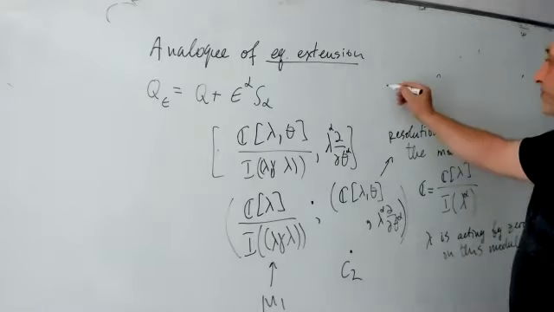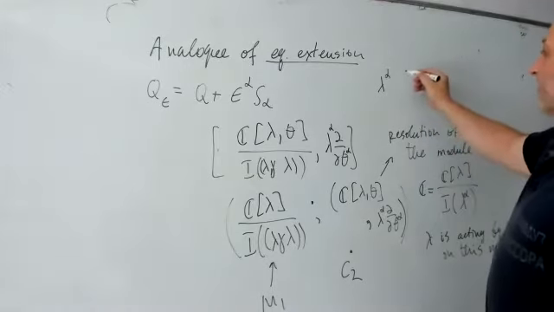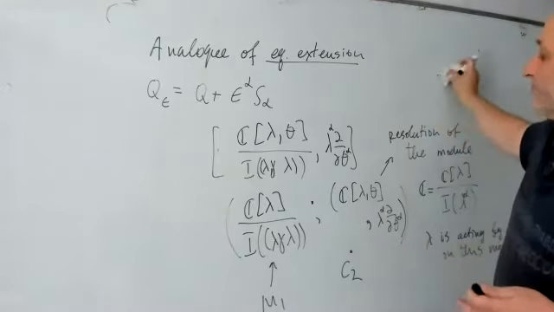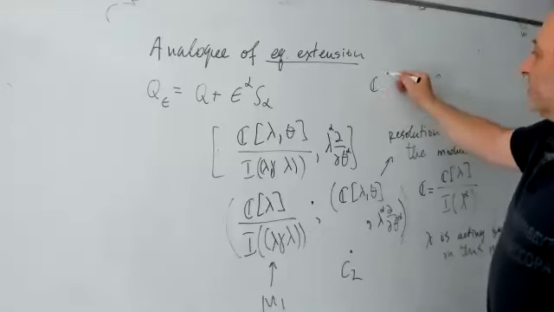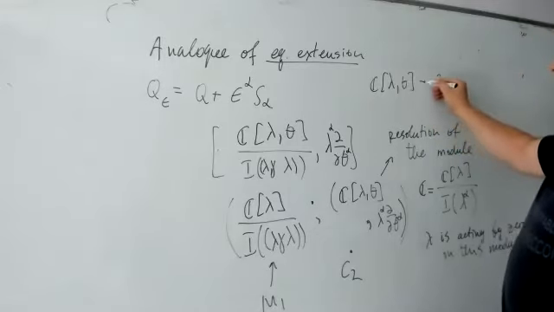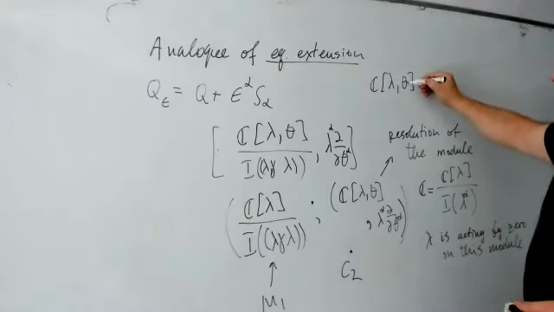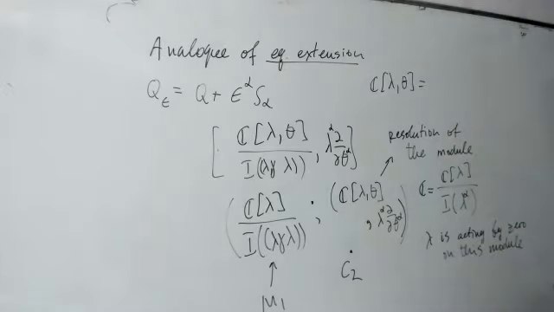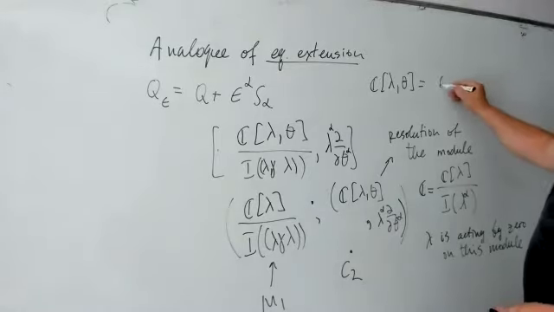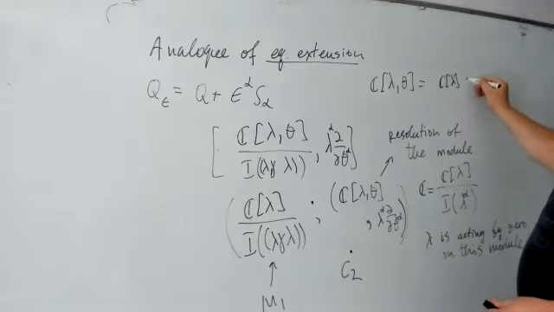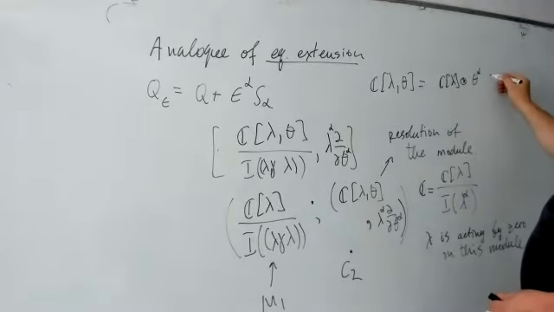Now, we may understand C of lambda theta in the following way. It is an exterior algebra. So it is C of lambda times theta alpha C of lambda.